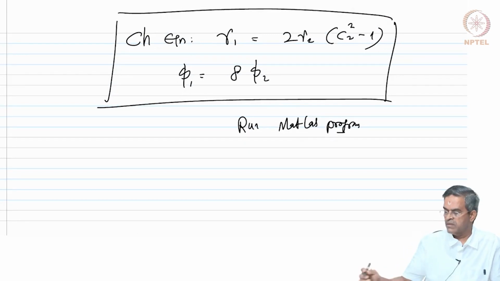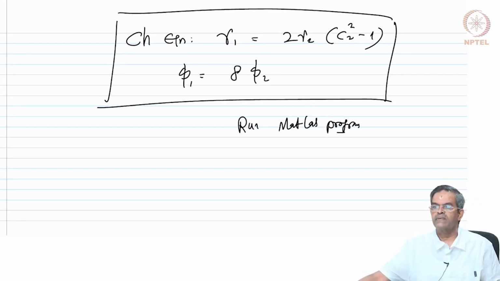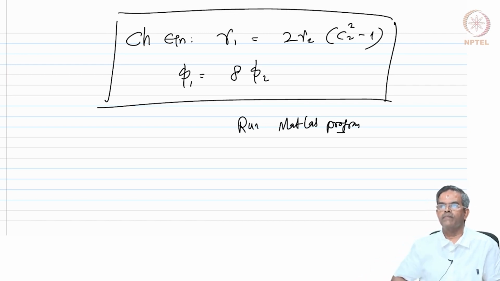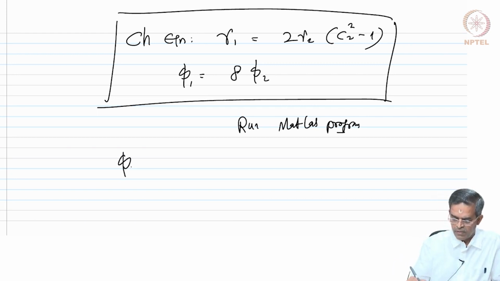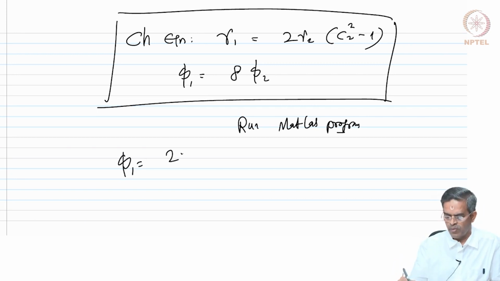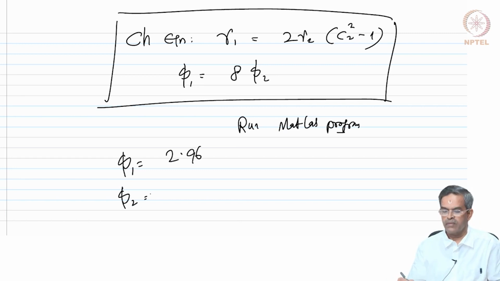So, I get phi 1 as 2.96 and phi 2 as 0.37.